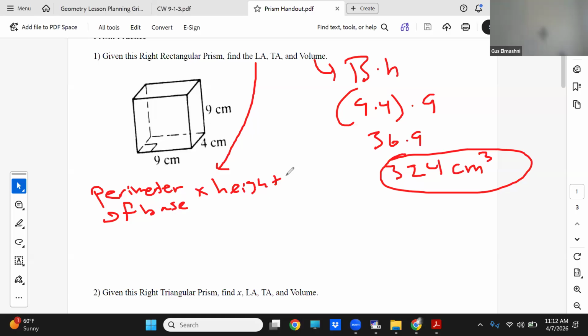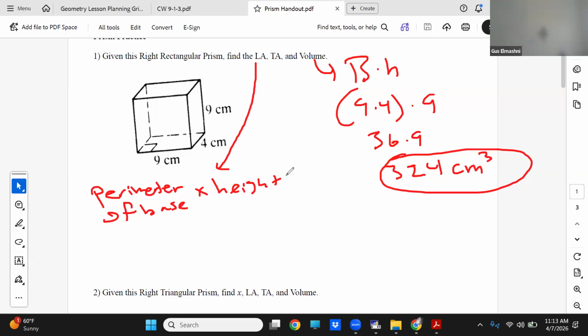How many faces make up the lateral area for this object? Yeah, front, back, left, right. I'm not gonna look at top, bottom, right? Just front, back, left, right. How many faces is that? 4, right? And what's the shape of each of those faces? Rectangles, right? Some are squares, some are rectangles. Now, if you think about it, you gotta do 4 times 9 and 4 times 9 for the left and right.